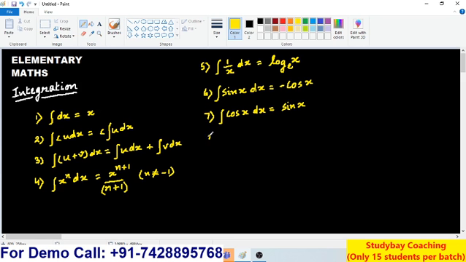Okay. Then we have integral of sec square x, and this will be equal to tan x.